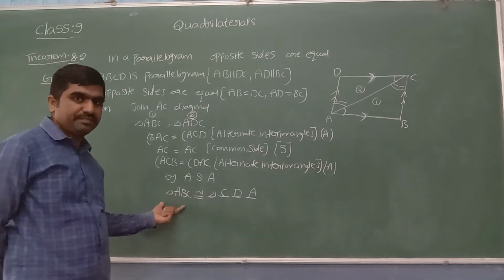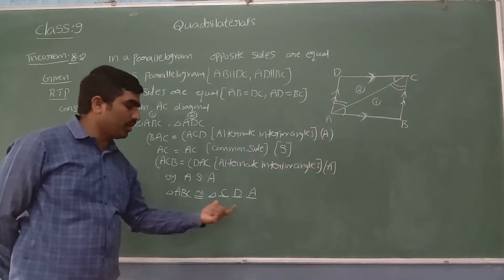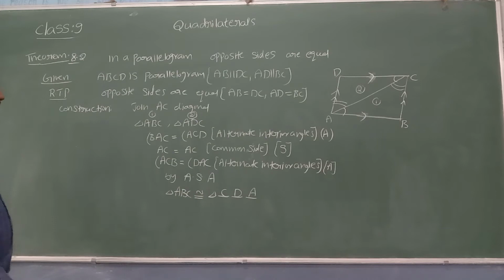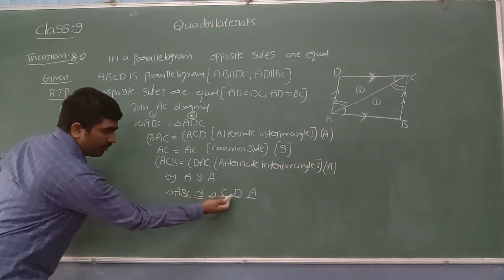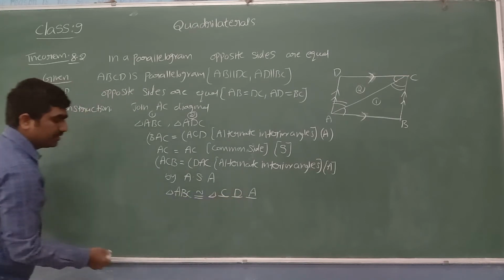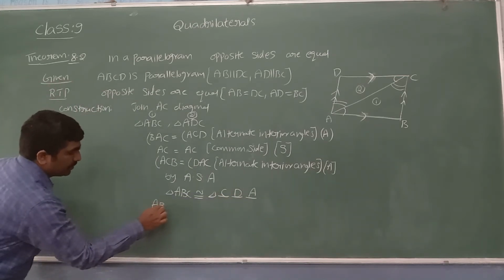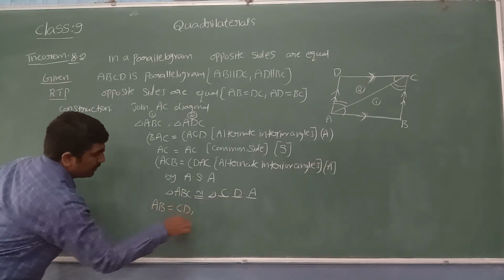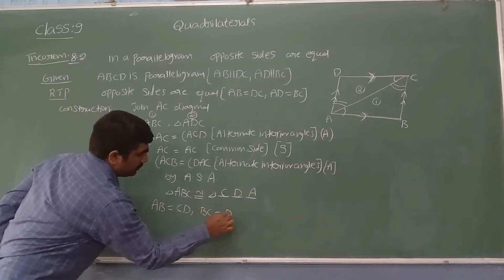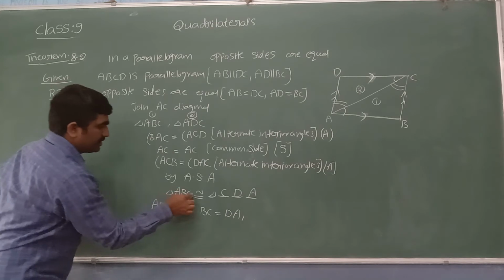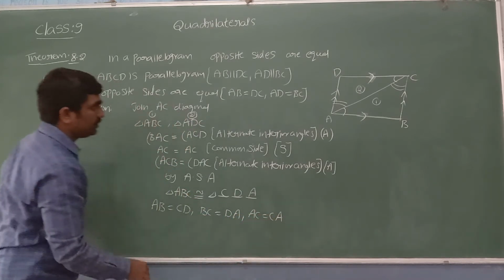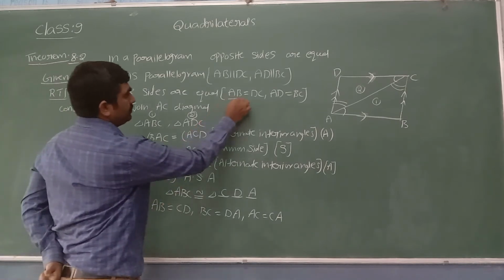Here sides are enough, no need of angles, because we have to show only that sides are equal. So take the corresponding sides: first to first, last to last. AB is equal to CD. BC is equal to DA. AC is equal to CA. So we proved it.